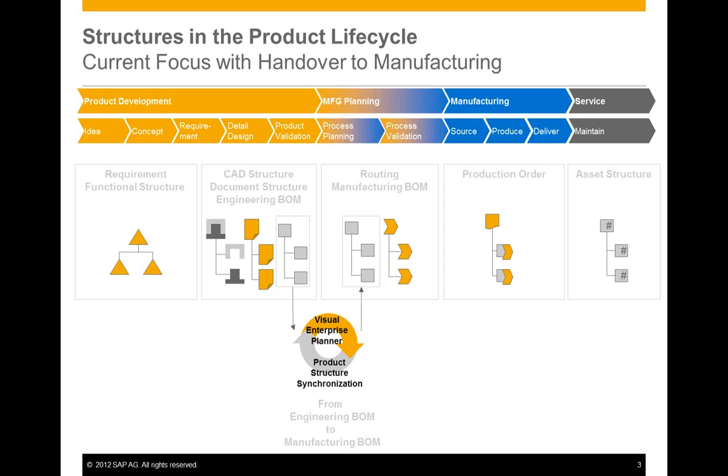One of the major challenges within companies is then to provide a consistent handover between the engineering structure and the manufacturing data, particularly in mass make-to-order volume. The accuracy of the production data is quite critical.